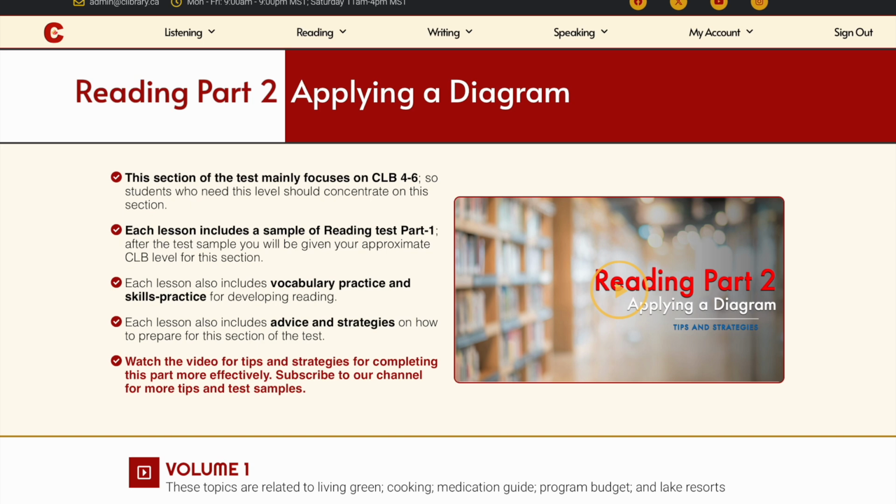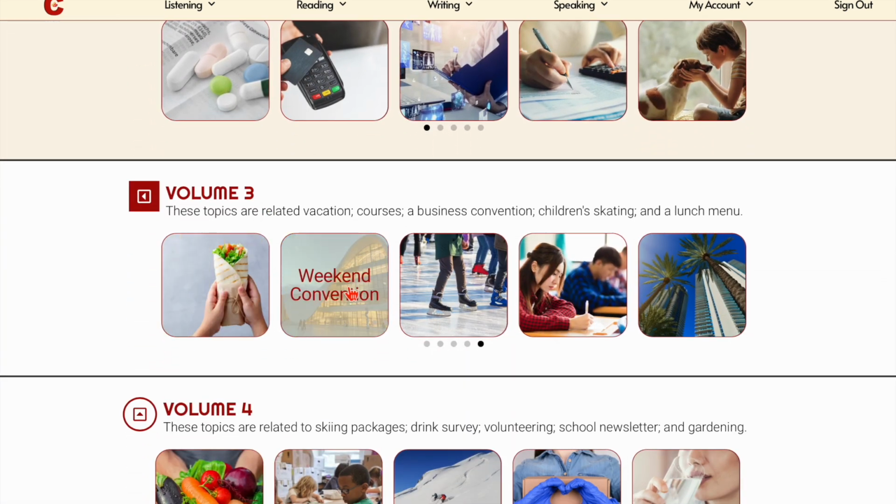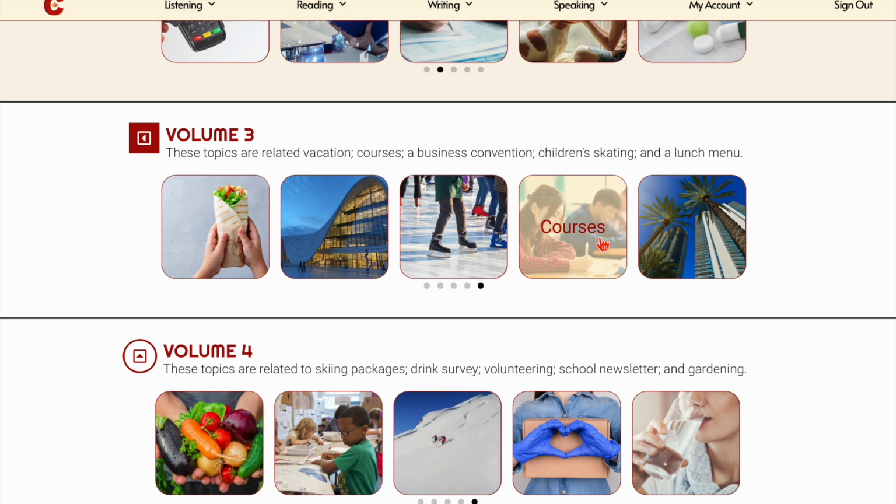So everyone, I'm here in the CELPIP library in the reading part 2, applying the diagram section. And today we are going to be analyzing a sample from volume 3 called Courses.